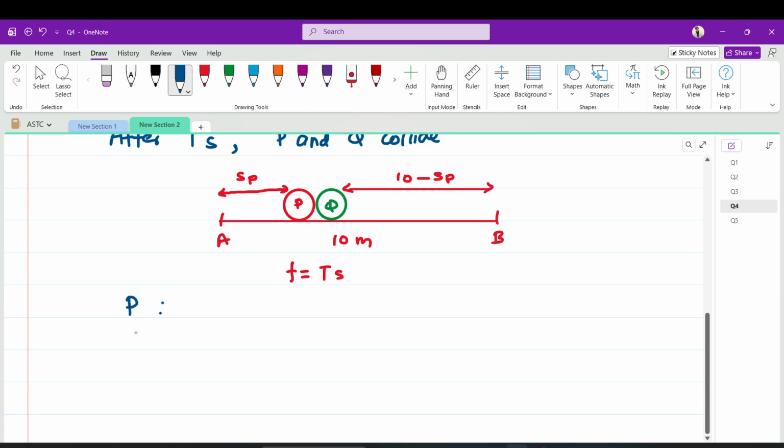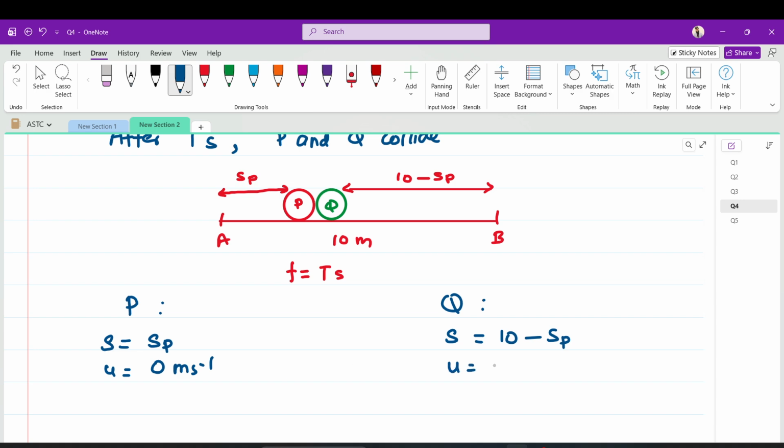Let's write the data about P and the data about Q. For P, S is equal to SP, and for Q, S will be 10 minus SP. For P, u is equal to 0, that's the initial velocity. For Q, u is equal to 0.75, which is constant velocity.